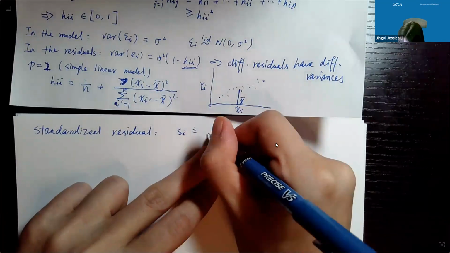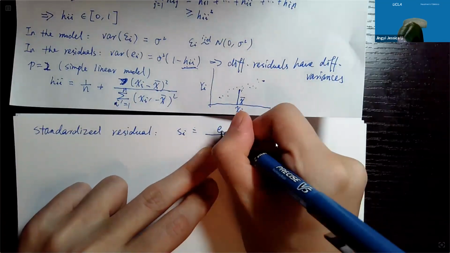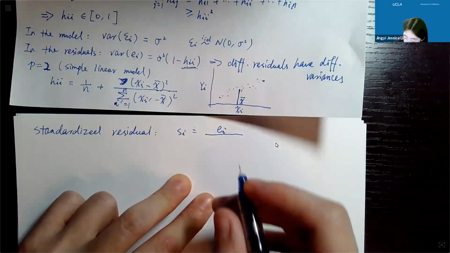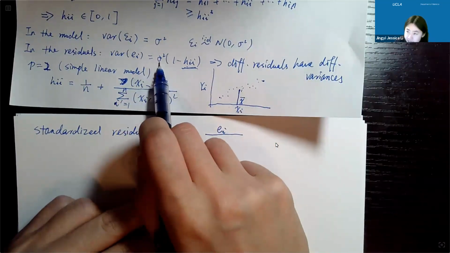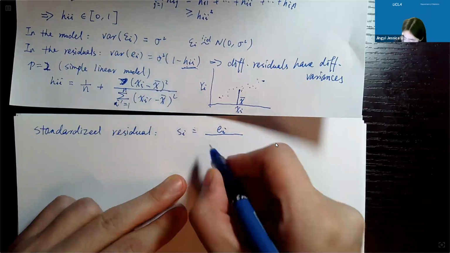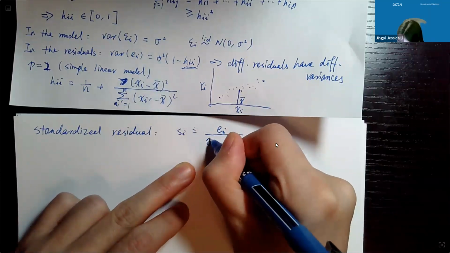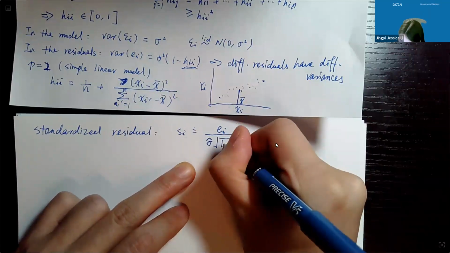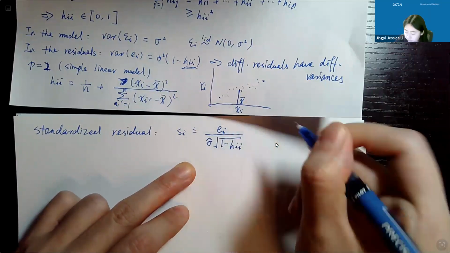It's basically e_i divided by the standard deviation. We know that sigma is unknown, so we need to estimate it. We will just use the estimate sigma hat times the square root of 1 minus H_ii.